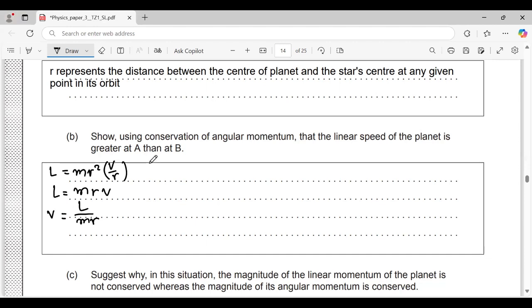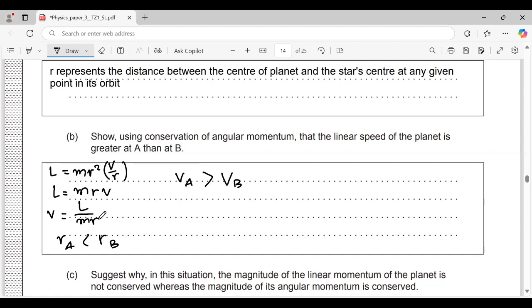Based on the diagram, r A is less than r B. If r A is less than r B, it means the linear velocity at point A will be greater than the linear velocity when the planet is at point B. Why?